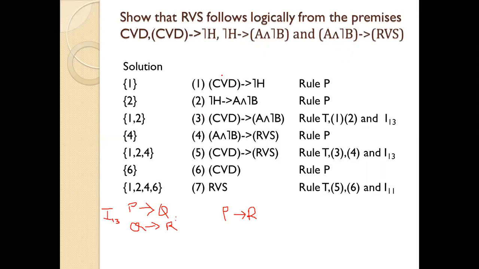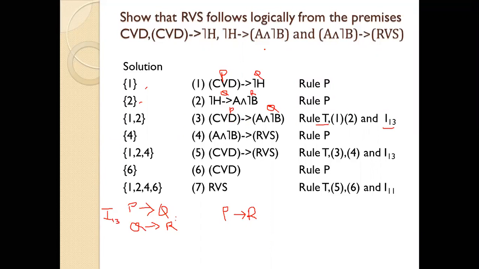Okay, so this is our P, this is our Q, this is our Q, this is R. So it gives us P implies Q. So this is our rule T. So from 1 and 2 and identity number 13, we'll get 3rd row.